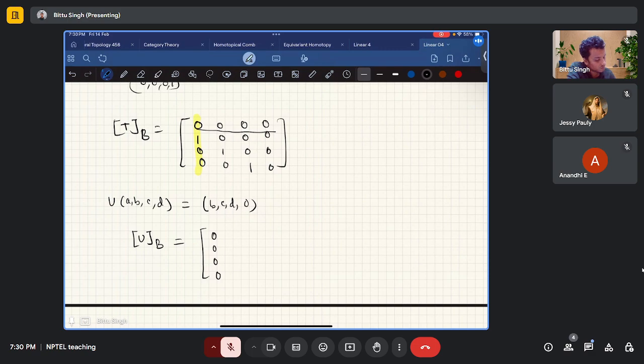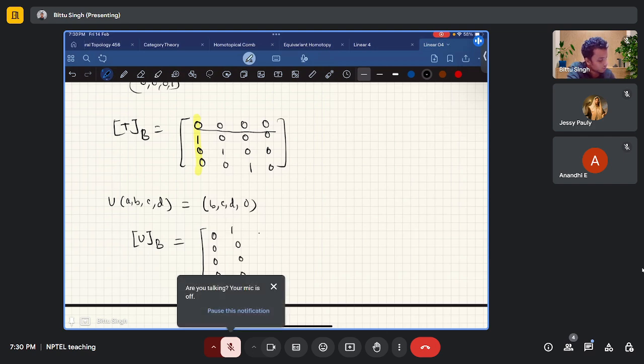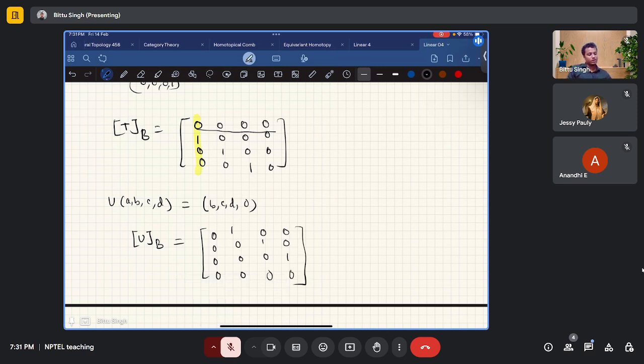Similarly 0 1 0 0 goes to 1 0 0 0, and after that 0 1 0 0, 0 0 1 0. You can easily verify this is the matrix representation, because if you multiply with ABCD, you will get the same thing, BCD. BCD transpose, but yes.